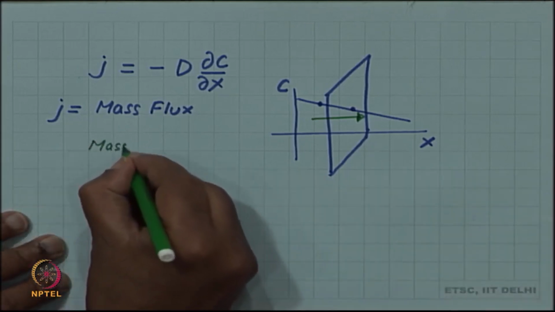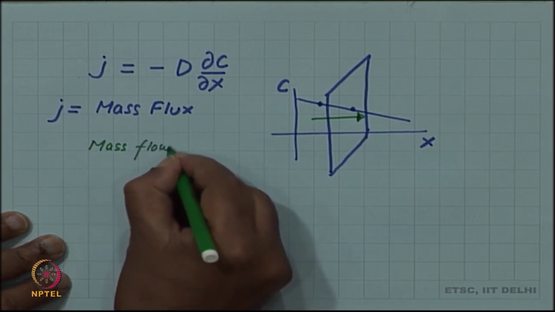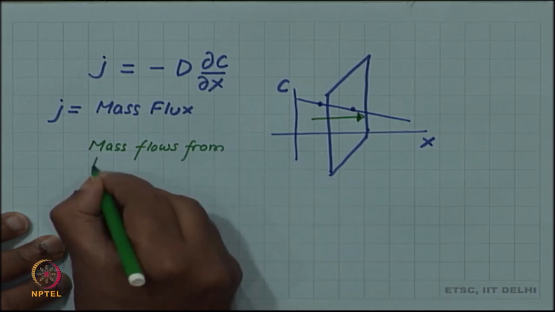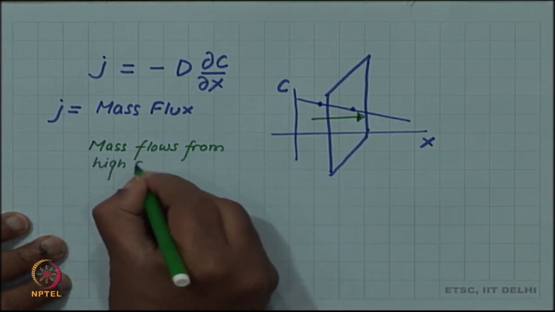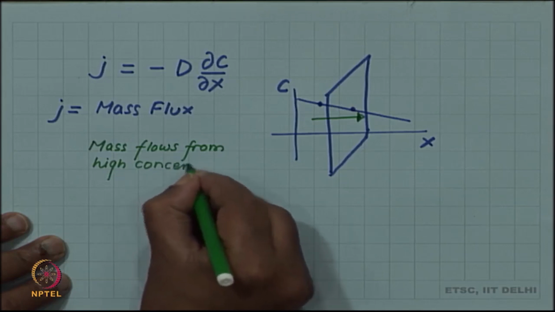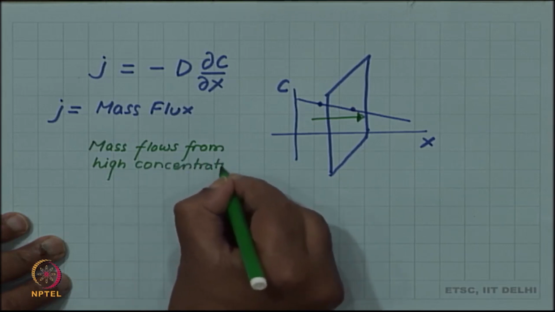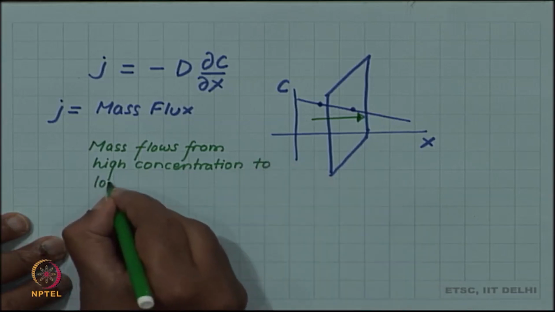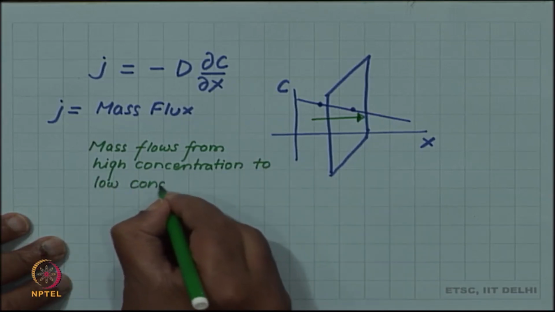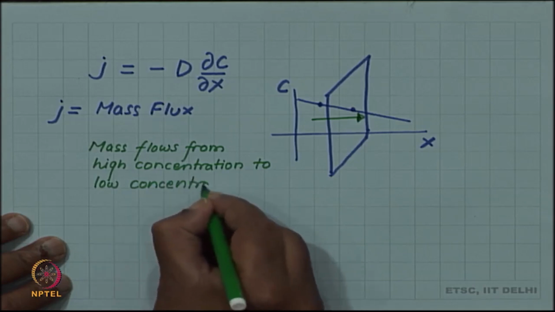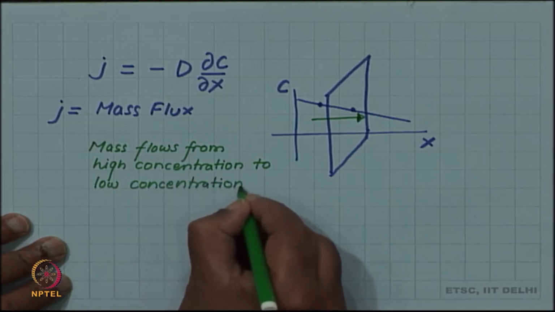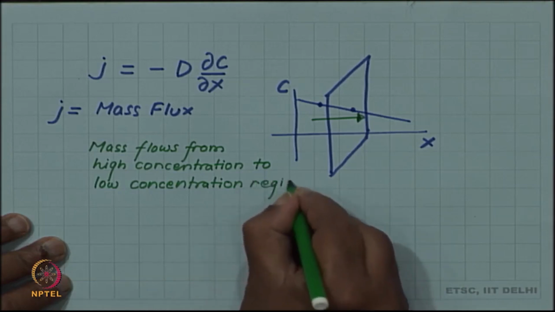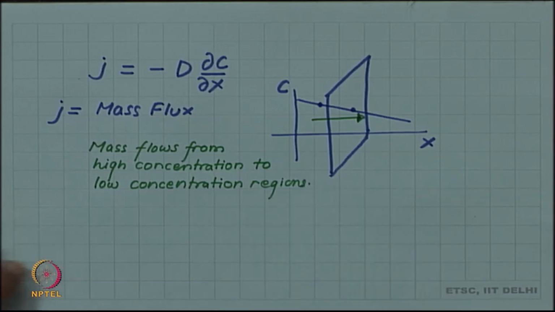So, mass flows from high concentration to low concentration regions.